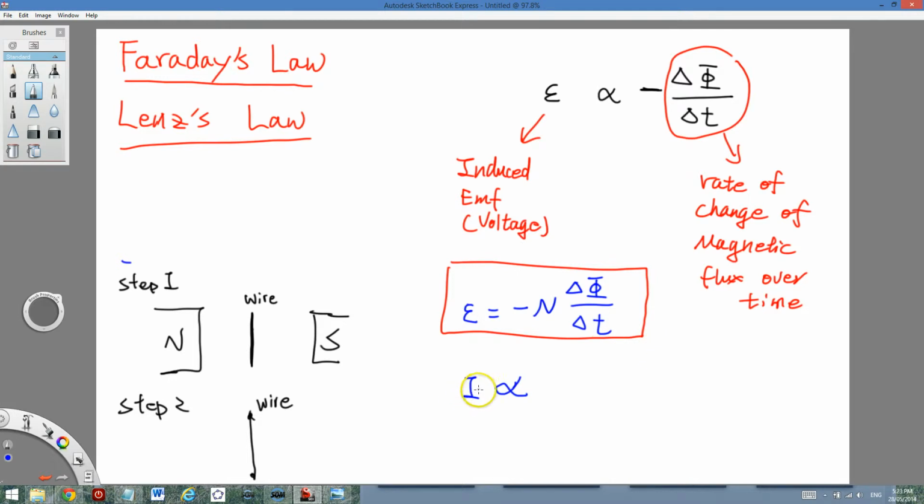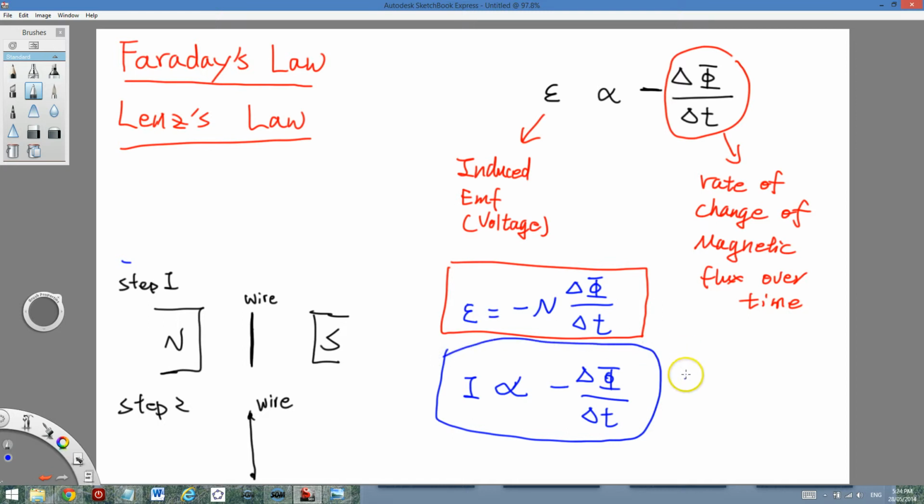But what we can say is, we know the direction of the current, and the value of the current is proportional to the rate of change of magnetic flux over time as well. This just means when the rate of change of magnetic flux increases, the current will be increased.